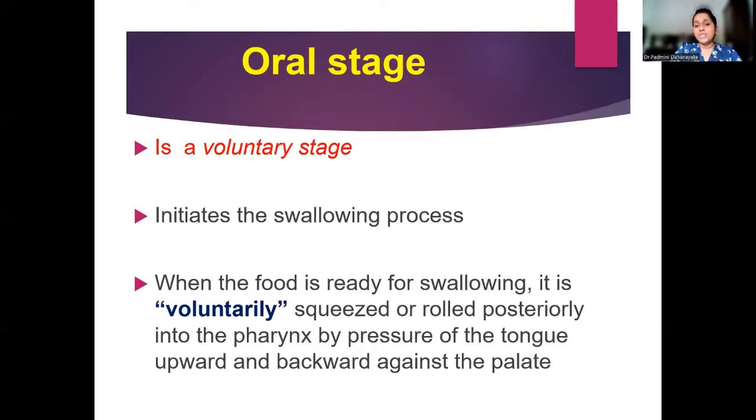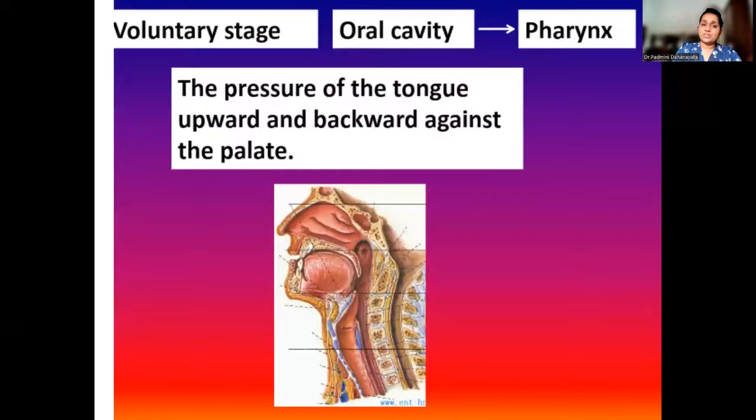So what is the direction? Upward and backward. It is rolled posteriorly and upward, and it is propelled towards your pharyngeal area. This is where you start the swallowing process. So it is a voluntary stage.